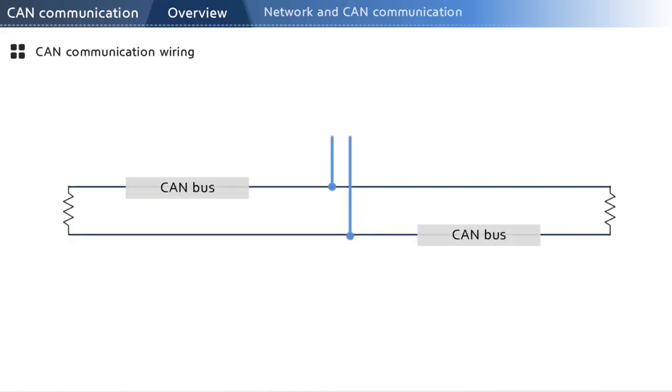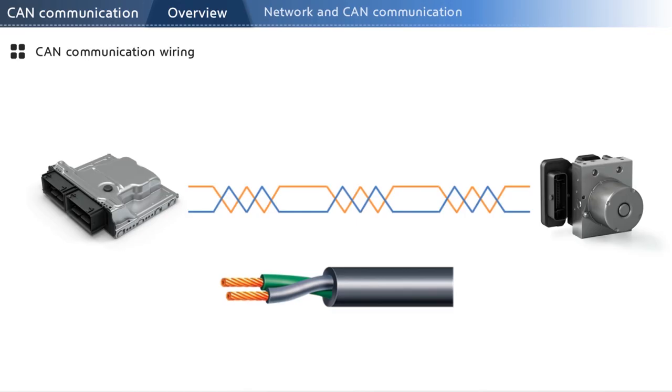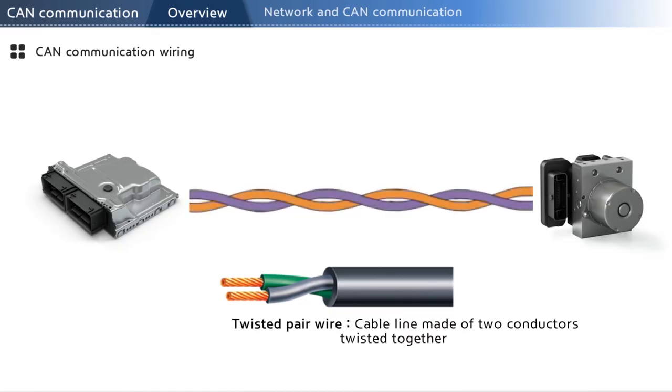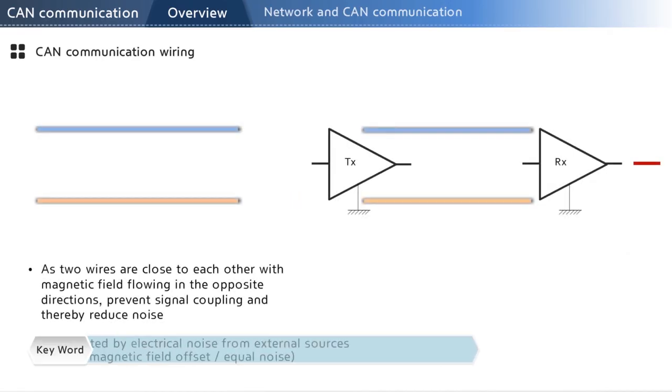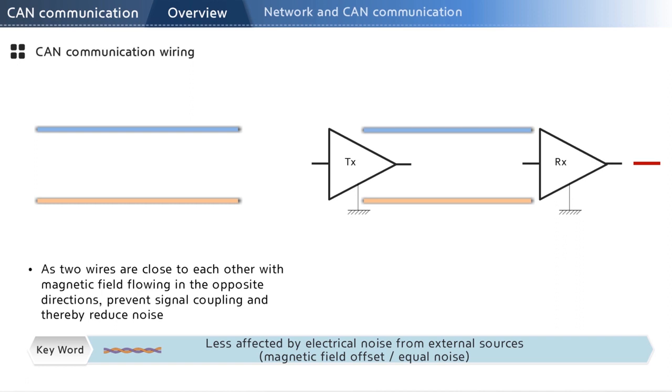CAN communication requires 2 wires, high and low. When you look at the wires, you will notice that conductors are twisted together. This is also marked in the ETM schematic. This is called twisted pair wire. Twisted pair wires are noise resistant.